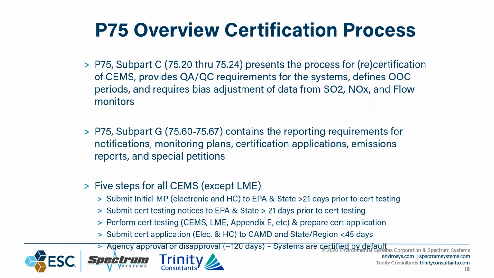Subpart G contains the reporting requirements for your notifications and certification, any monitoring plan work that needs to go on, your cert applications, emissions reports associated with them, and any special petitions you may have to file with the agency.